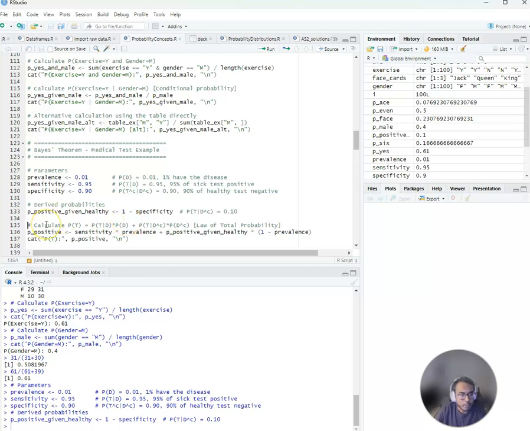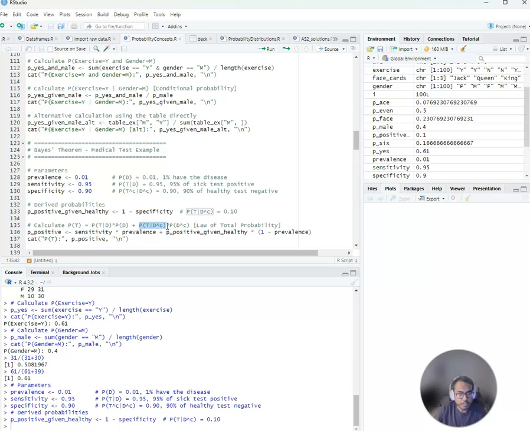We then calculate the probability of testing positive overall, using the law of total probability. So this is P(T), which is the sensitivity times the prevalence, plus the other situation where you test positive given you don't have the disease times the probability that you don't have the disease.